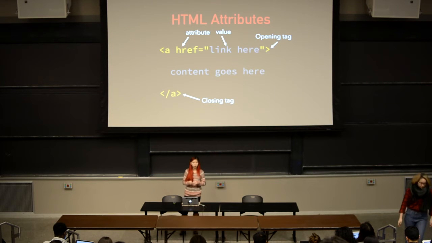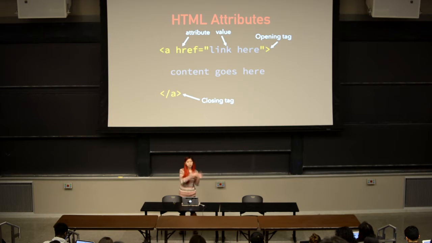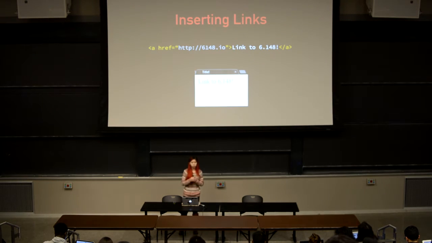So attributes, the syntax of it is like this, and you have the attribute name and the attribute value. So here, to insert a link URL, you would have href, which points to the URL, equals, and then within quotes you would have the URL. And so to create our link from before, the syntax would look something like this.